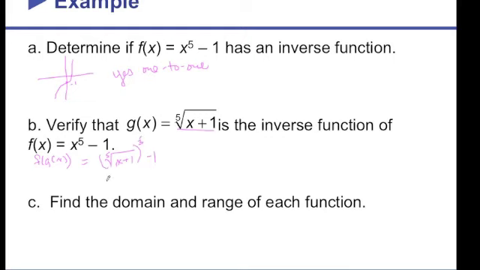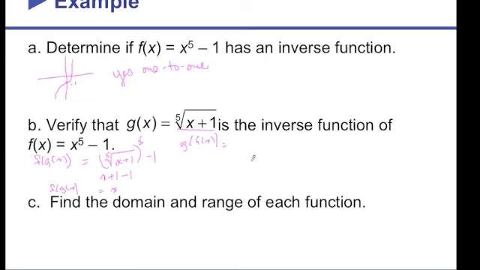Well, the fifth power and the fifth root cancel each other out. I get x plus 1 minus 1, so that would just equal x. So f of g of x equals x. And now I want to find g of f of x.